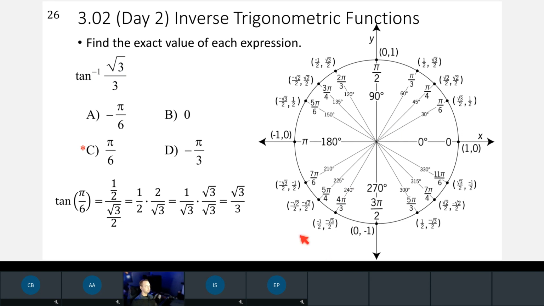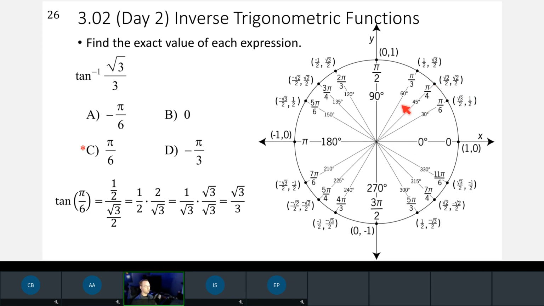So looks like the answer is pi over 6. And to test that, we do 1/2 divided by radical 2 over 2, which I show here. We do the math, and you get radical 3 over 3.